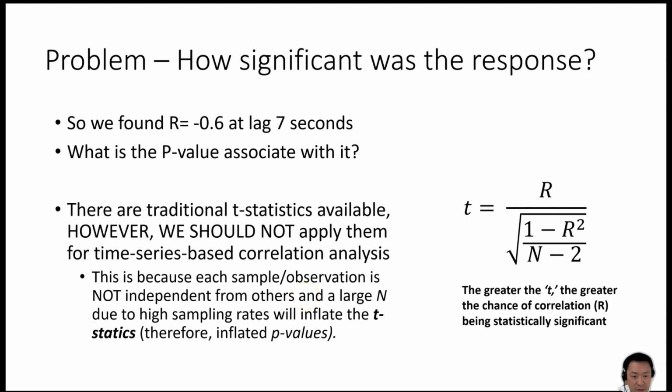And of course, for a gigahertz sampling rate, you have a very large N that will affect your t statistic score. It will make it really large, and that will turn out to be a very significant p-value. So we call these inflated p-values, and therefore they're not reliable. So we need to fix this.